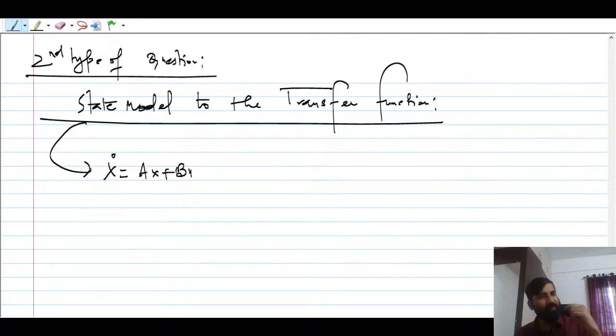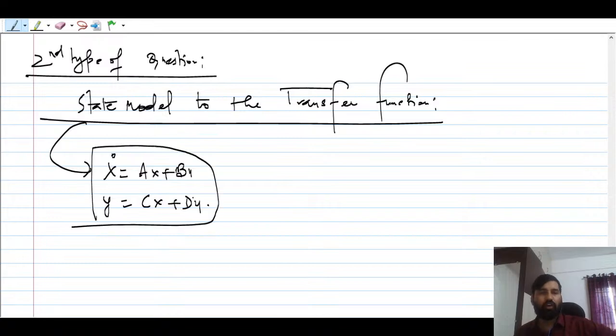In the exam they might ask what is the state transfer matrix, what is the B matrix, what is the C matrix? And y is going to be Cx plus Du. Almost in all the cases this D is 0, for whatever equations we have considered till now.